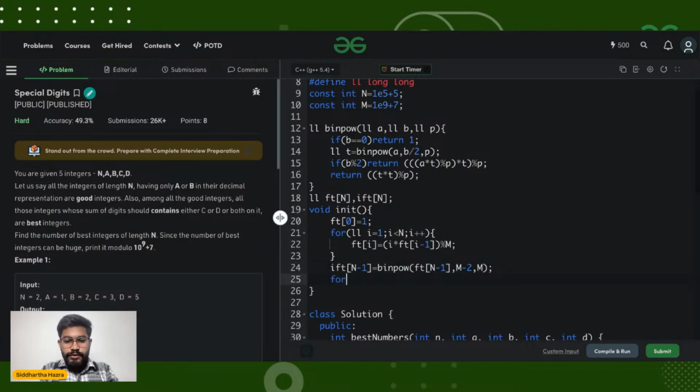Now we would start: for long i equals n minus 2, i greater than or equal to 0, i minus minus.